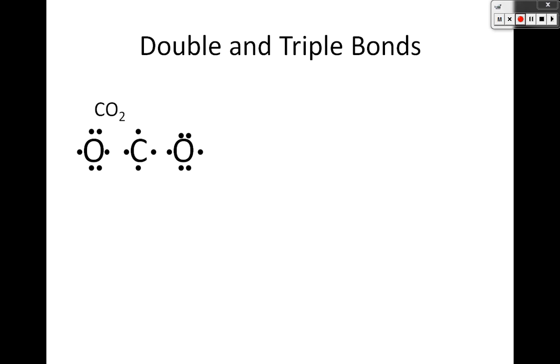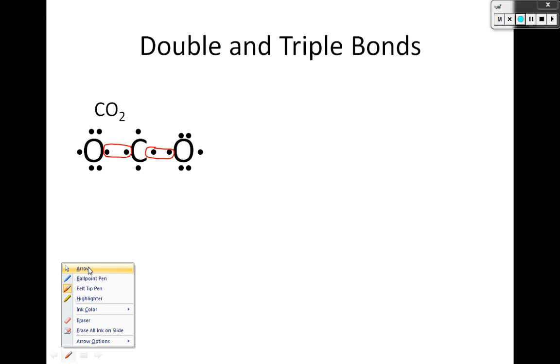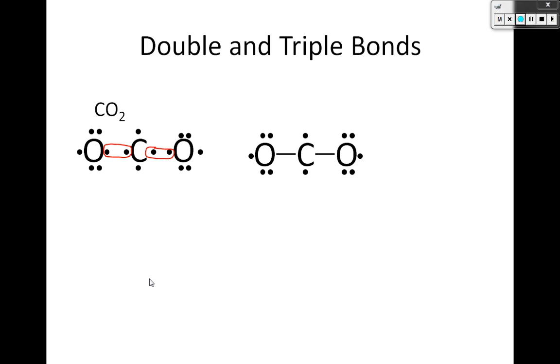So carbon, I put it in the center because it's the central element here, and we have 2 oxygens. If we continue with what we had earlier, what we would see is a sharing of these 2 electrons and these 2 electrons. And so what you would end up with would be this structure.